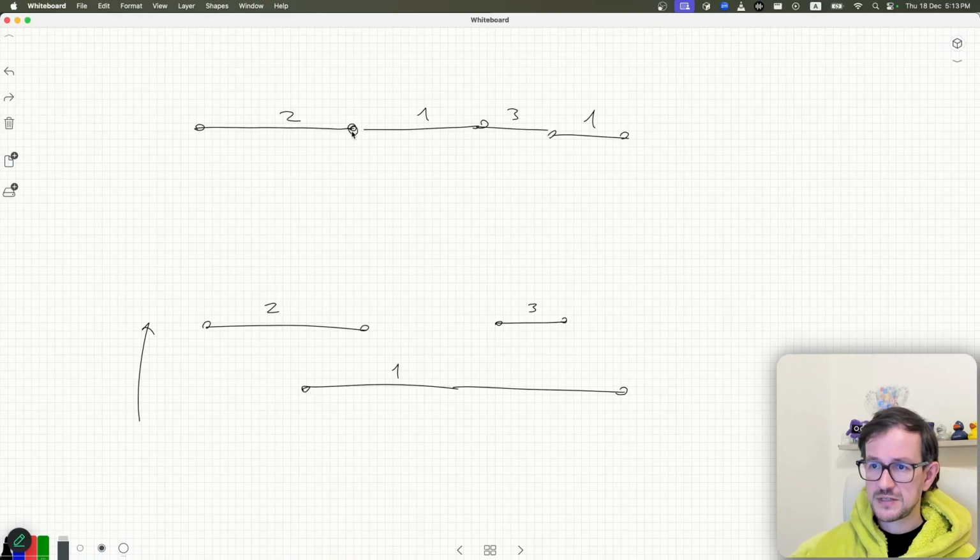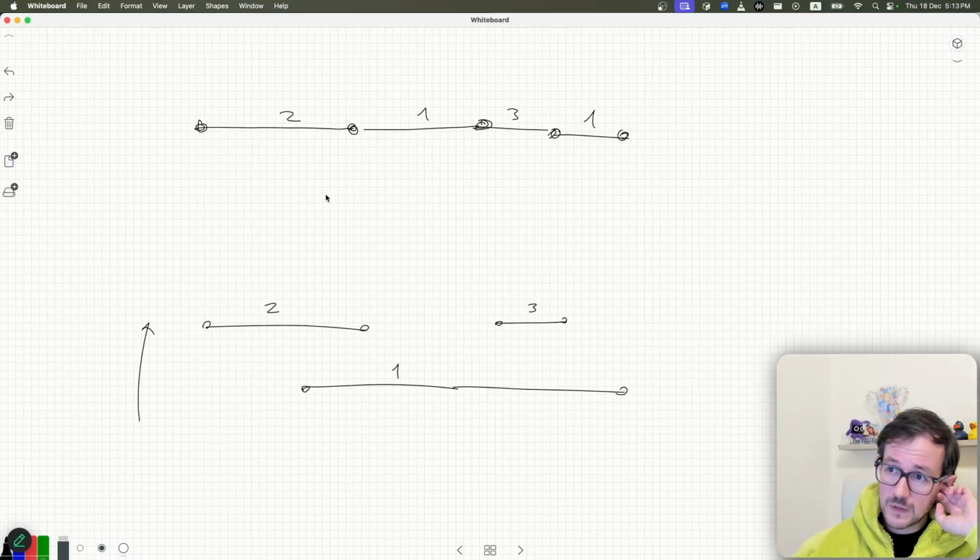You can maintain these segments in a set, so in a binary search tree. In C++, set is a binary search tree. So you can maintain this ordered set of segments. It's like the projection of these panels onto the x-axis.